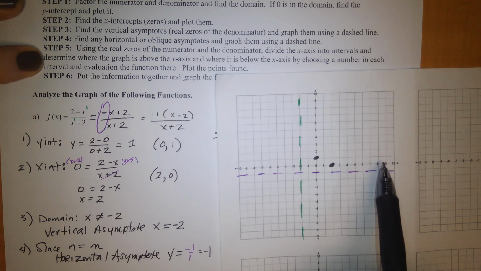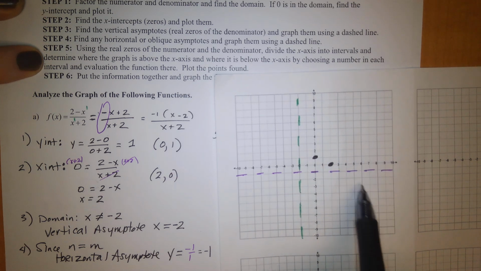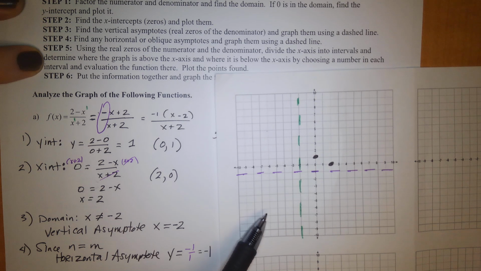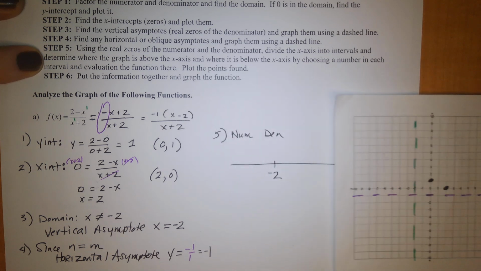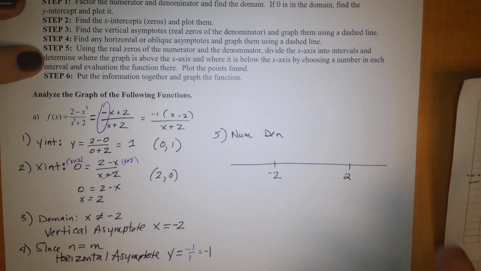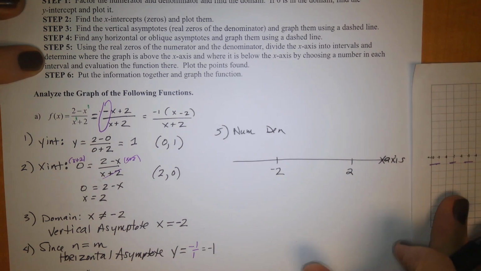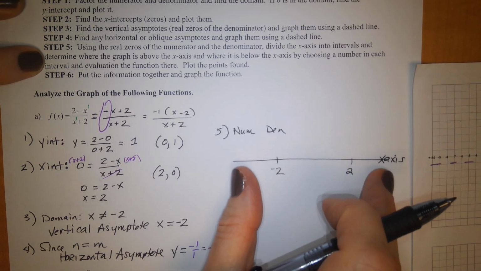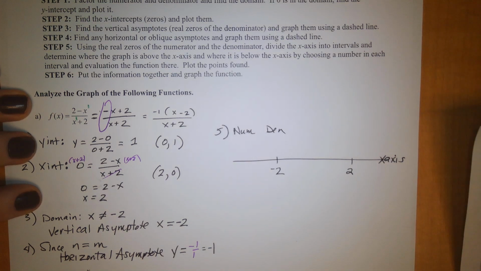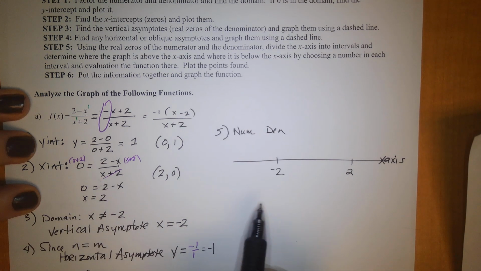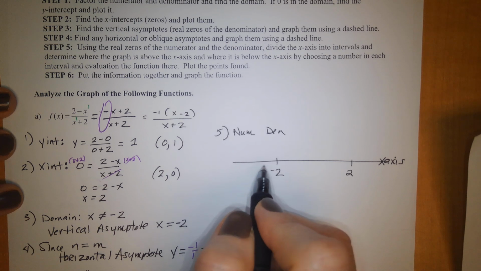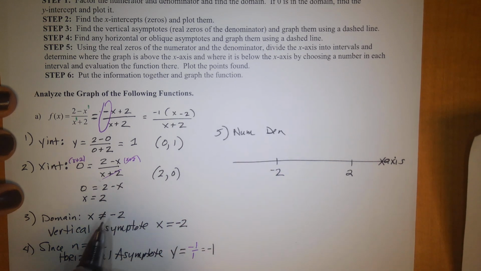And then on the other side of 2, is it above or below? Knowing where it's at will give us a good idea of how to sketch this. This is the x-axis of this graph that I put off to the side, just to get a cleaner view of what's happening around that x-axis. And we're going to test a point in each of these 3 intervals.